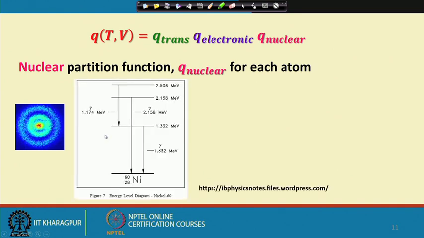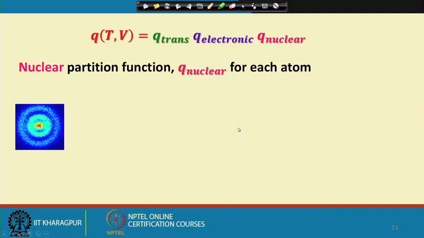One can probe the energy difference between the different nuclear energy states by looking at some kind of radioactive process, and at the typical energies of the radiations which come out in the form of alpha or beta particles or gamma rays. So, now let us talk about the nuclear partition function and how to get it for each atom.